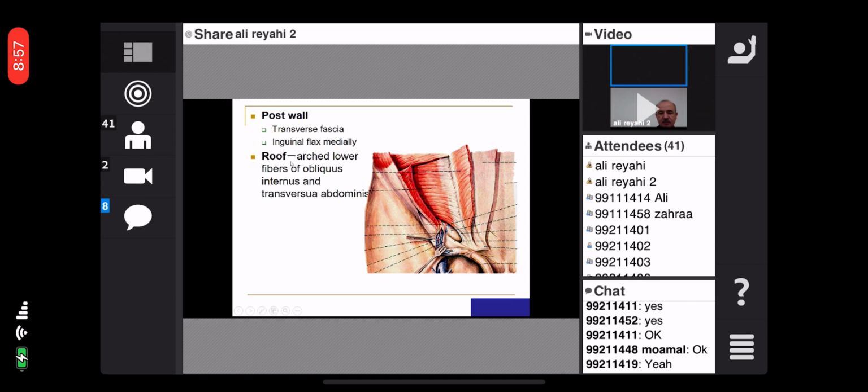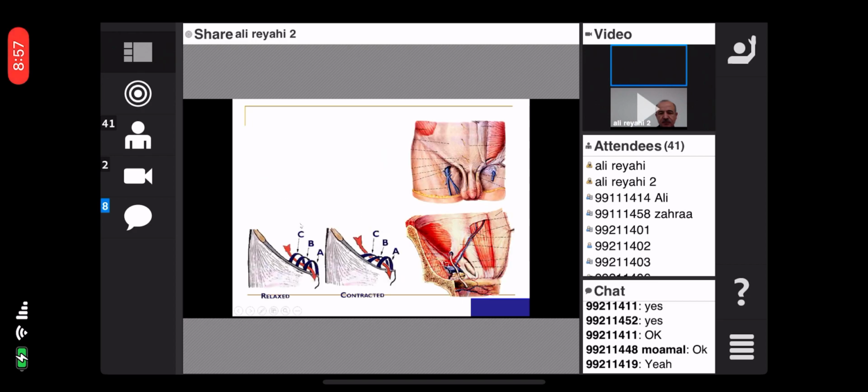So the arched lower fibers of the internal oblique and transversus abdominis form the roof of the canal, and finally the floor of the inguinal canal is formed by the inguinal ligament. The inguinal canal can open and can close by contraction of the muscle.